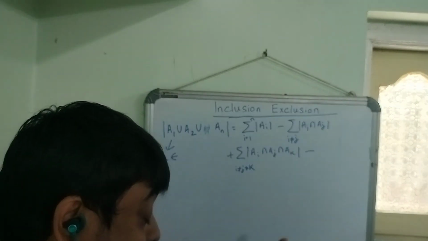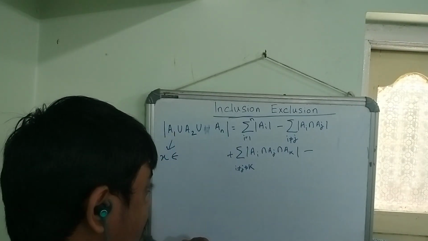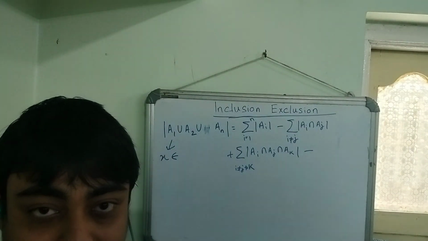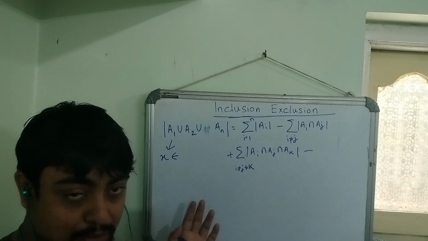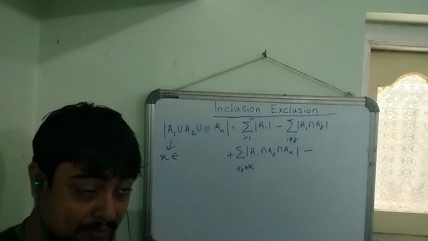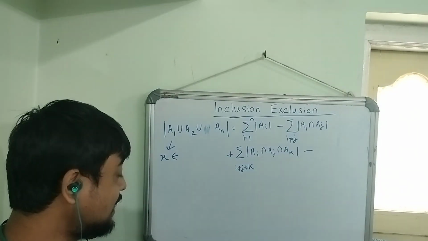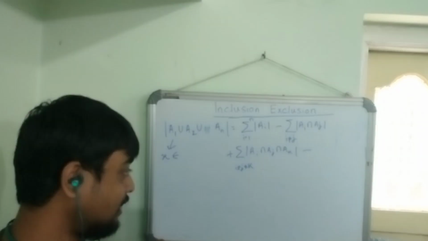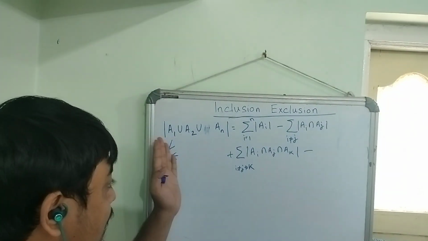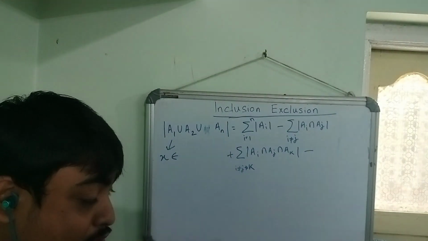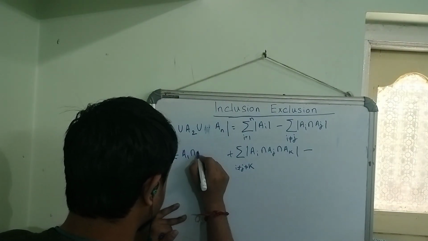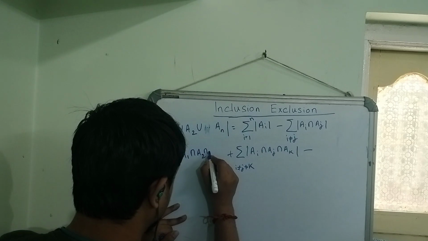Or if x belongs to only one of the Ai's, that will also be a special case. For generalization, I will take x to belong to some of the Ai's, not all. Say x belongs to some k of the n sets, which means it belongs to only k sets, not all. So let x belong to A1 intersection A2 intersection up to Ak.